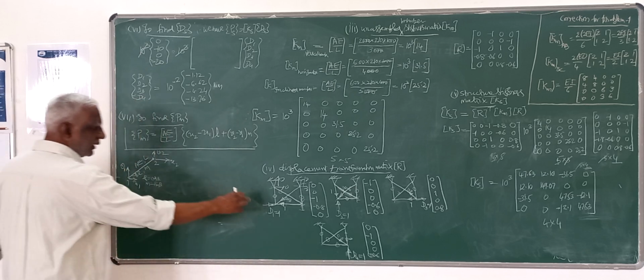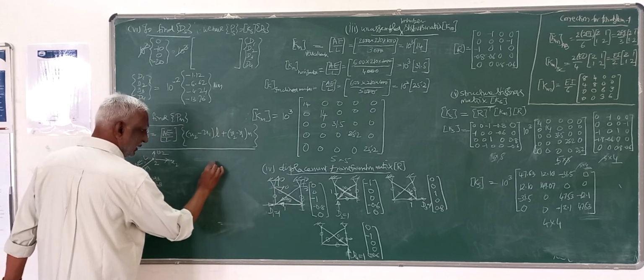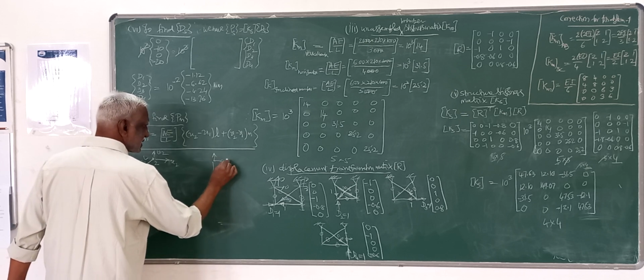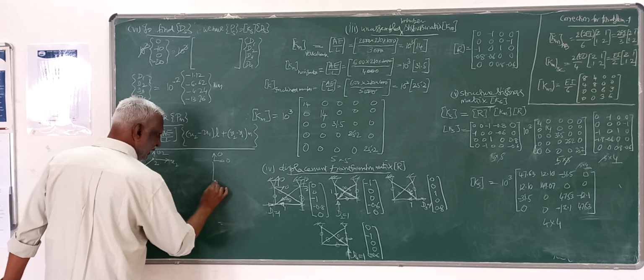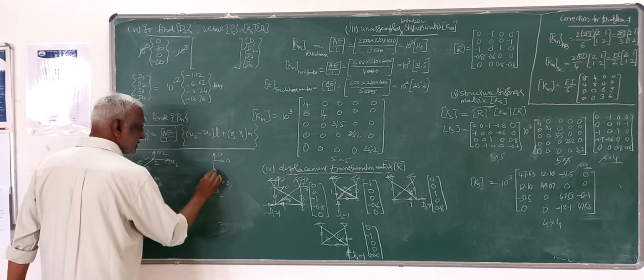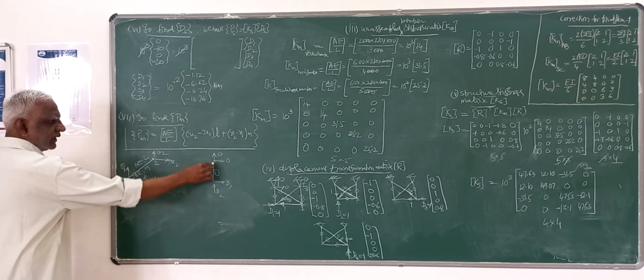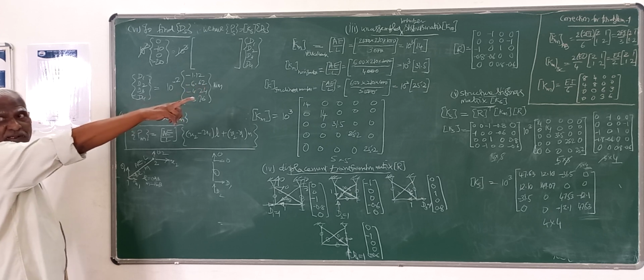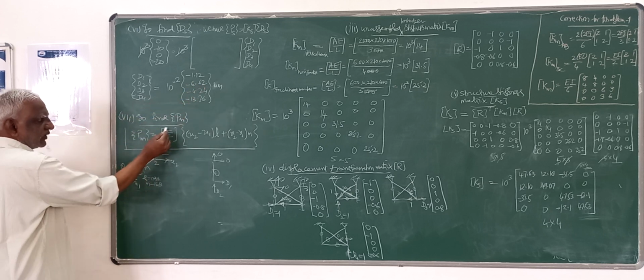If you take member 1, the vertical member, the displacements at one end are 0, 0, and at the other end D1, D2. AE by L you have already computed.